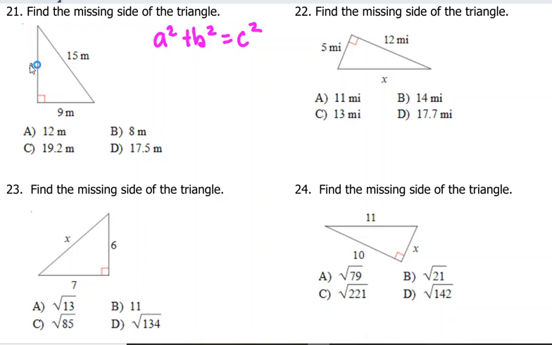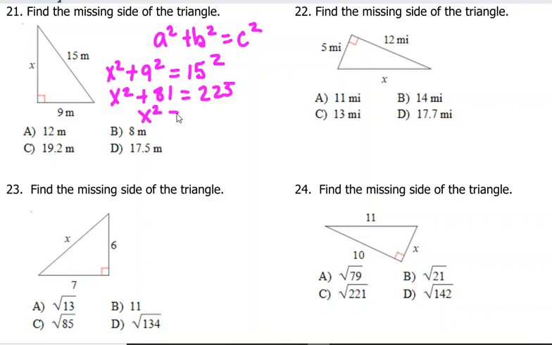I am missing x. I can see that my c is going to be this 15, right? Because that's the hypotenuse. So I know in this case I have x squared plus 9 squared equals 15 squared, and I can use a calculator for this. X squared plus 81 equals 225.